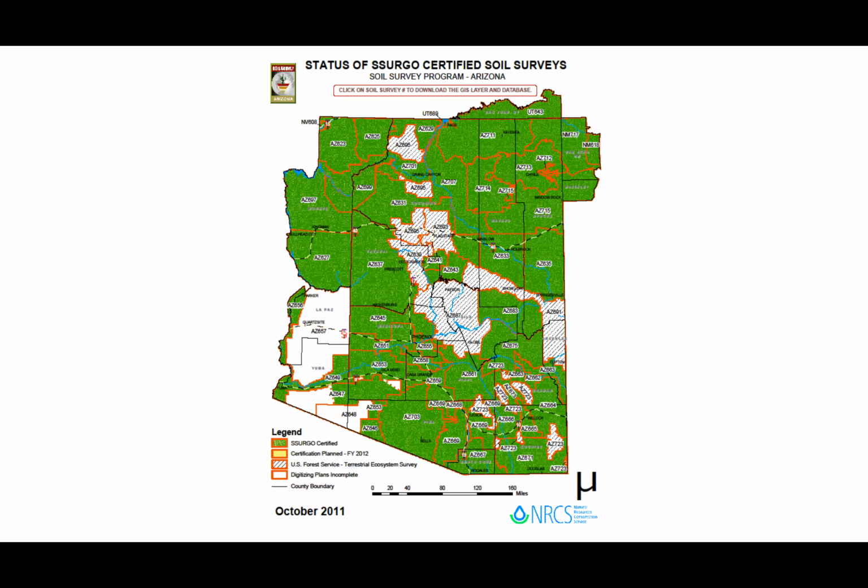But if you find that number, then you can go into Web Soil Survey online and look at that soil survey and locate your area on there. It'll have all the soils mapped and the corresponding ecological sites.